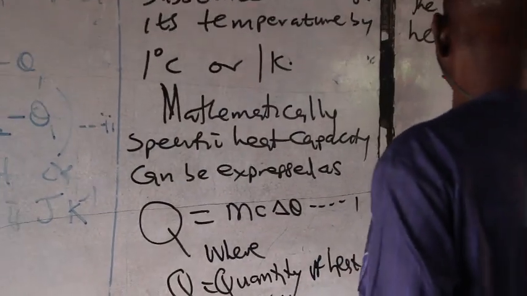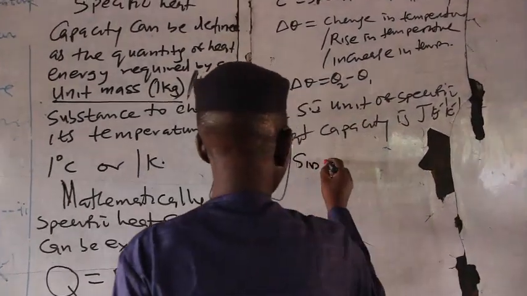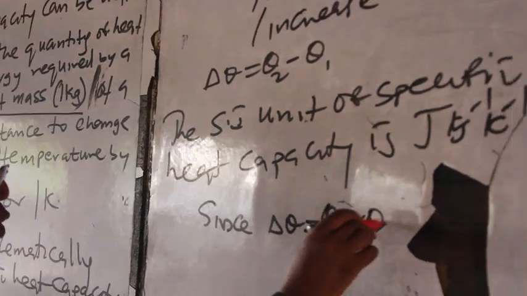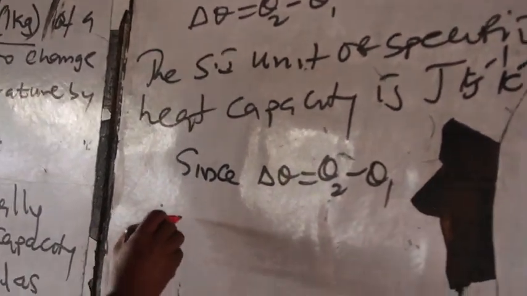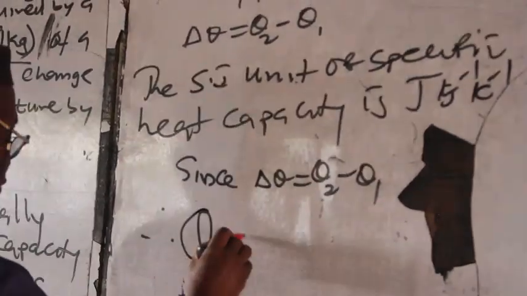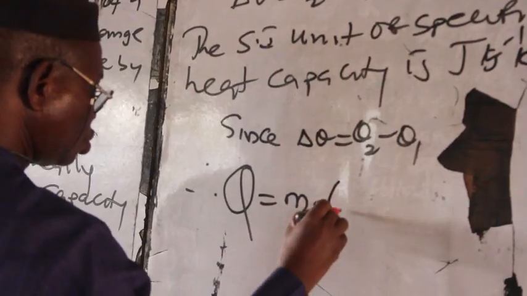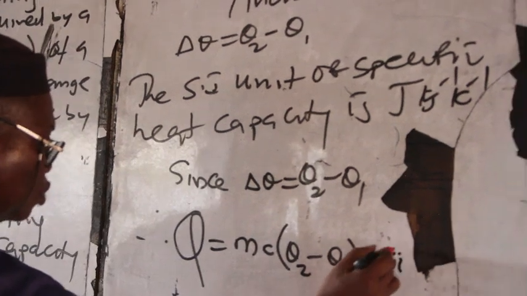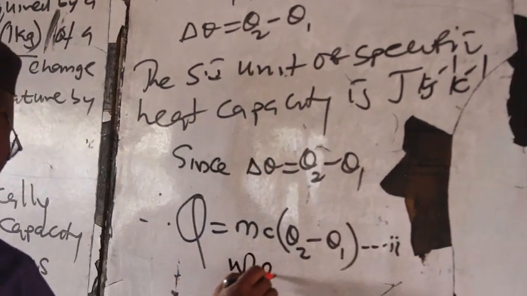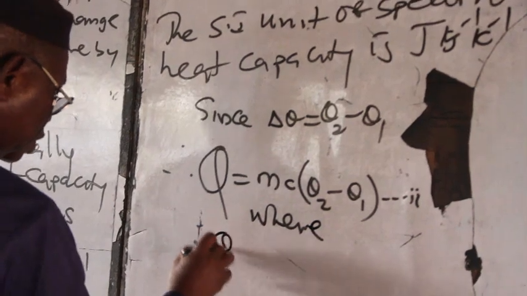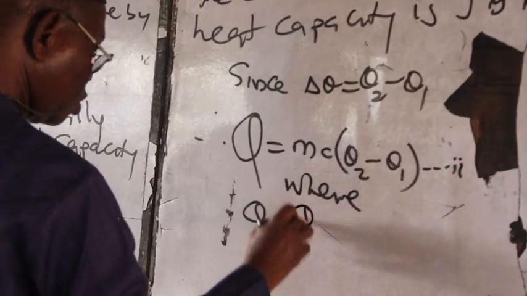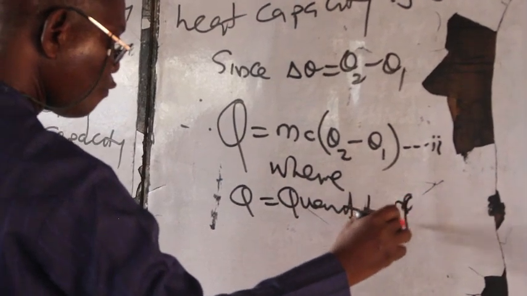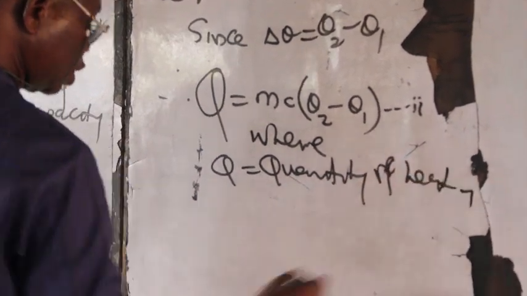Since change in temperature can be expressed as theta 2 minus theta 1, we can also express this as Q equals mc into theta 2 minus theta 1. We call this equation 2, where Q still retains its usual meaning, which is quantity of heat energy.